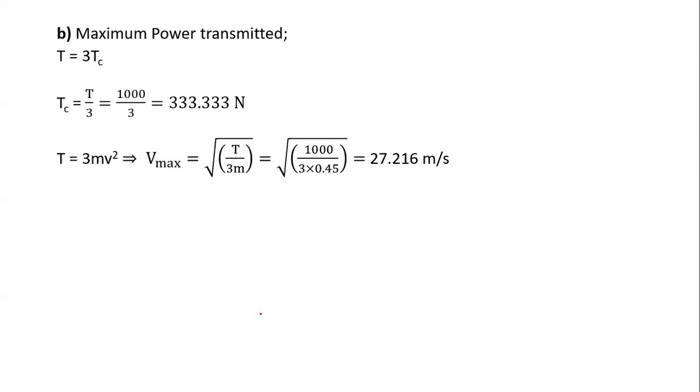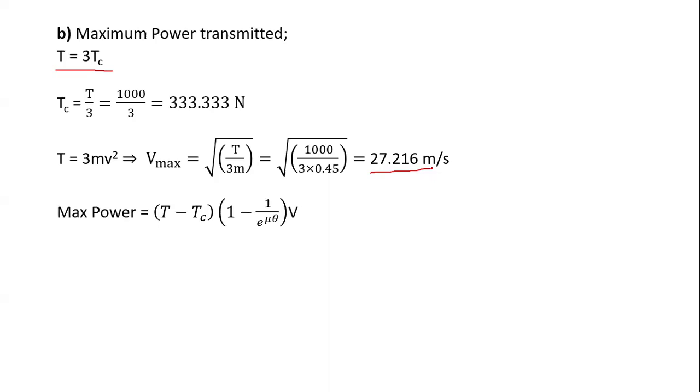Vmax is also coming from this. So T is equal to 3mv squared. You say Vmax is equal to T over 3m, which is 1000 over 3 times 0.45, giving us 27.216. This is the velocity at which maximum power will be transmitted for this belt.